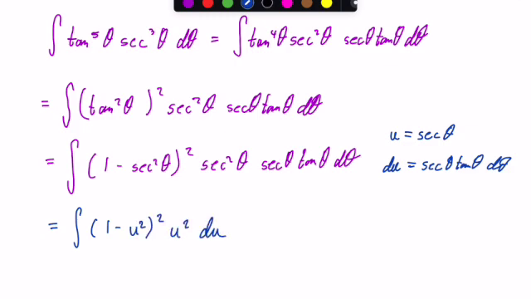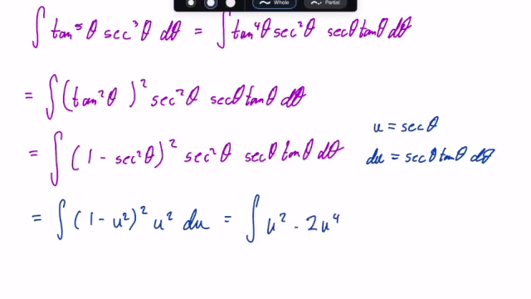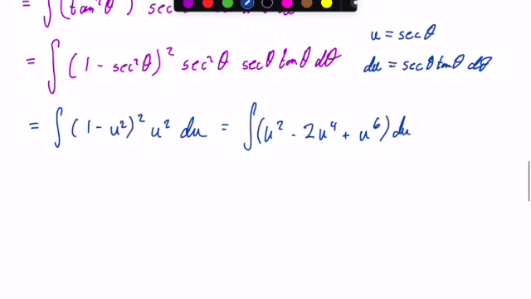Now we just go ahead and square that binomial out and distribute the u squared. So we're going to get the integral of u squared minus 2u to the fourth plus u to the sixth du. And go ahead and integrate that.